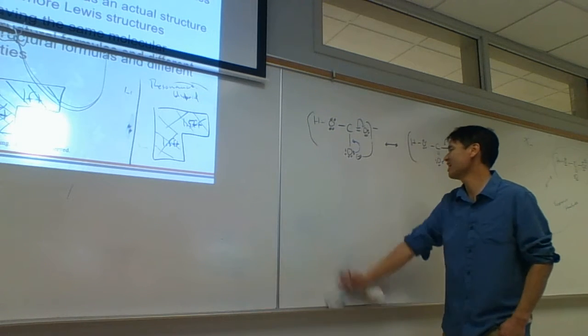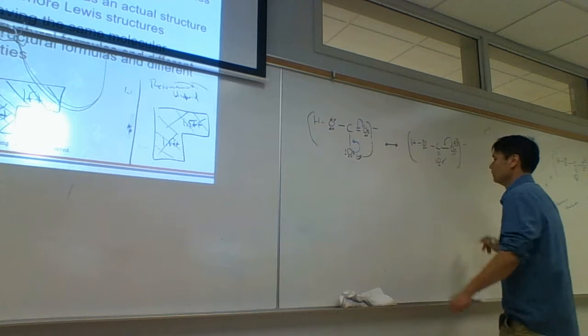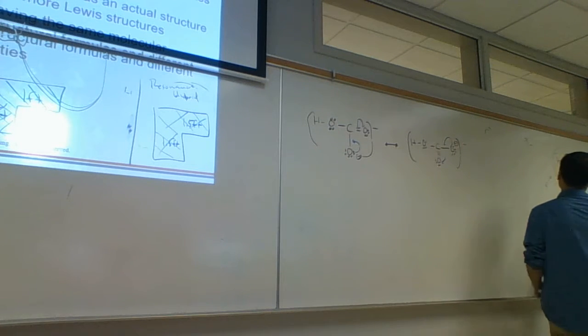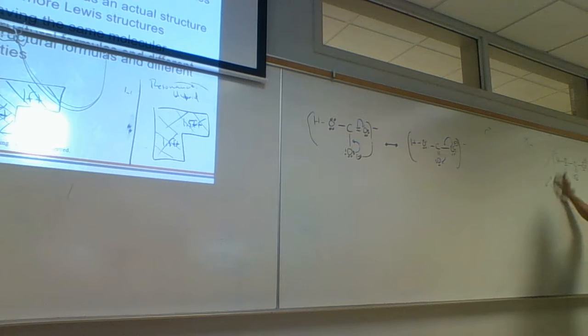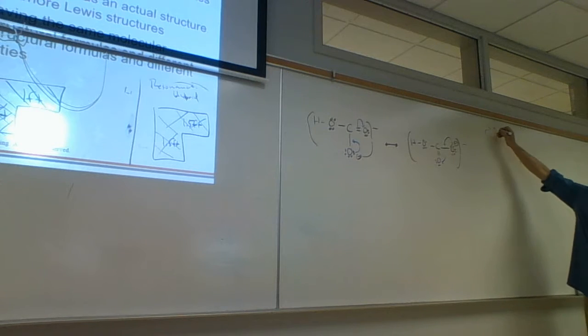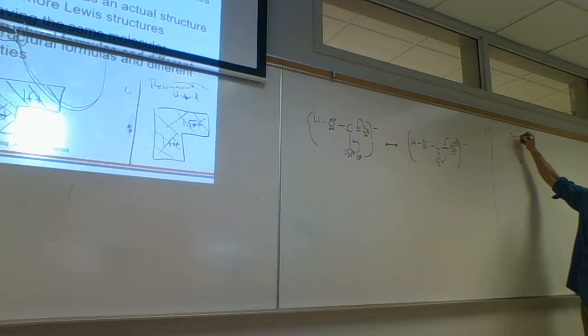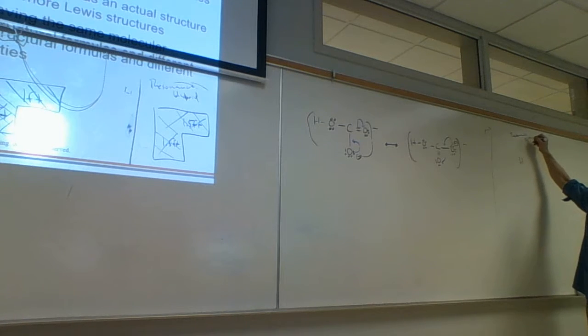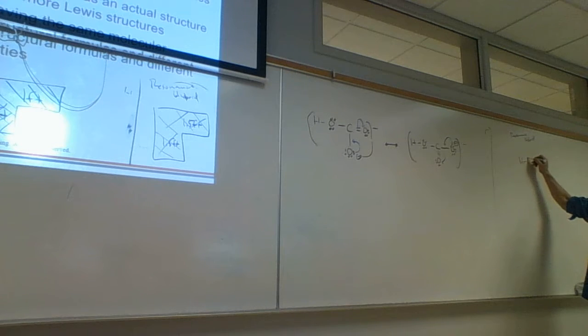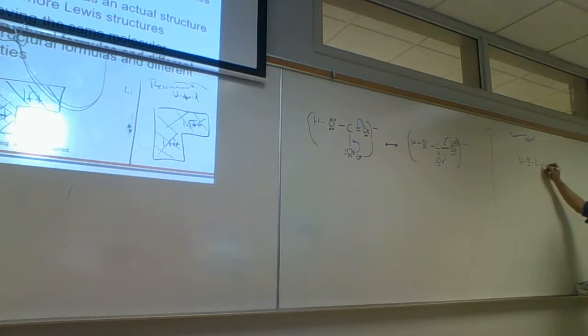And so the resonance hybrid for this is going to look a little funny. Just draw it over here. It's going to be the average of those two structures. Now, how do I average those two structures? Well, this will be the resonance hybrid. Nothing happens to the H, O, C. That's all localized. But what's going to happen is this, over here.